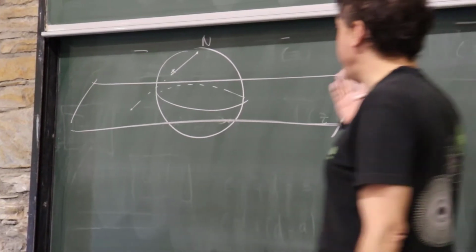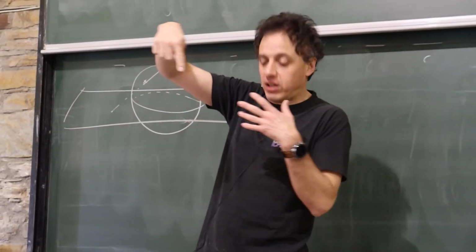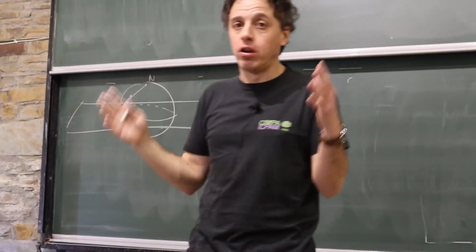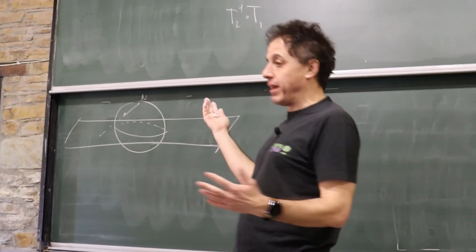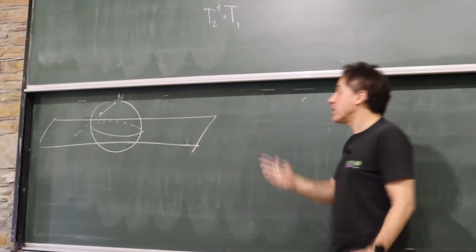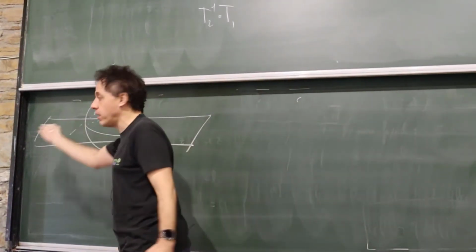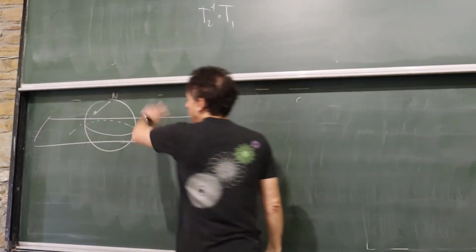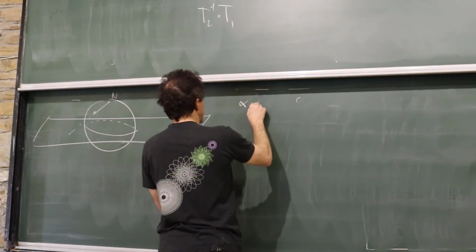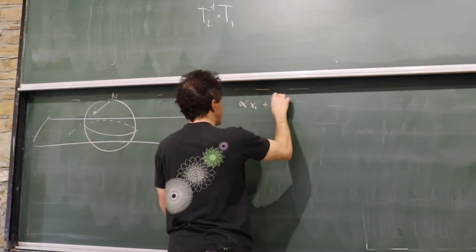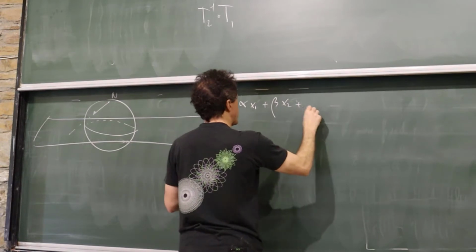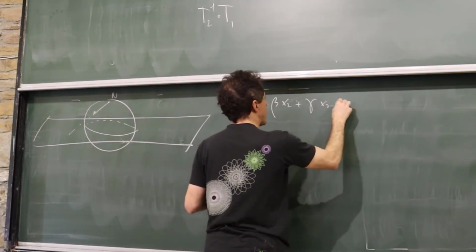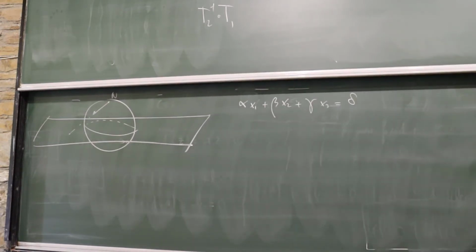What is a circle in a sphere? A circle in a sphere is always the intersection of the sphere with a plane. So take a plane that cuts the sphere, in general alpha x1 plus beta x2 plus gamma x3 equal to delta.